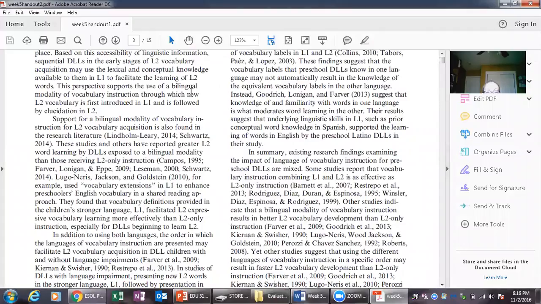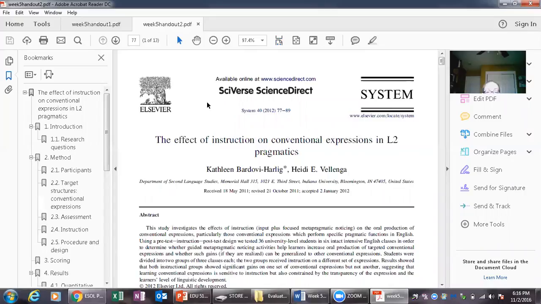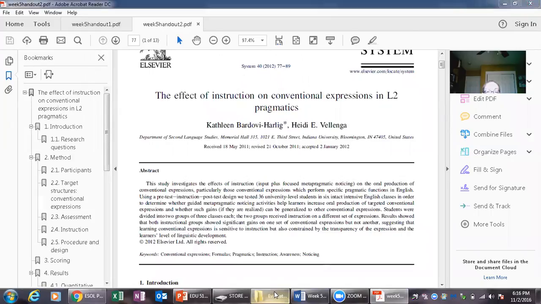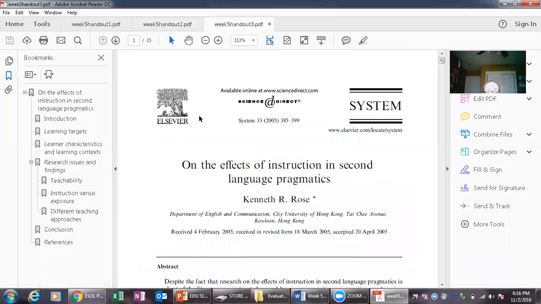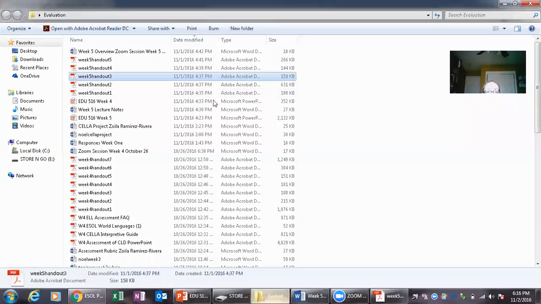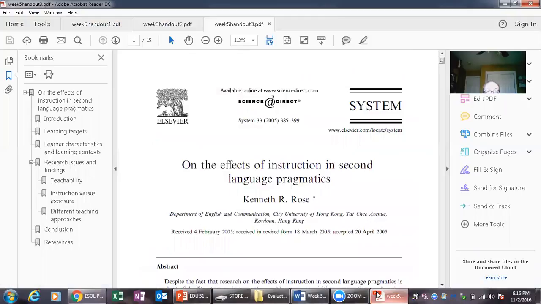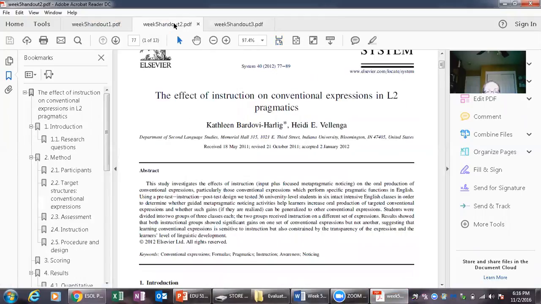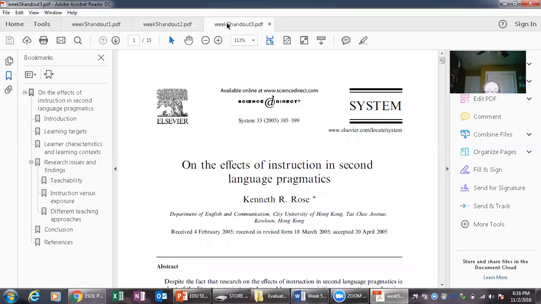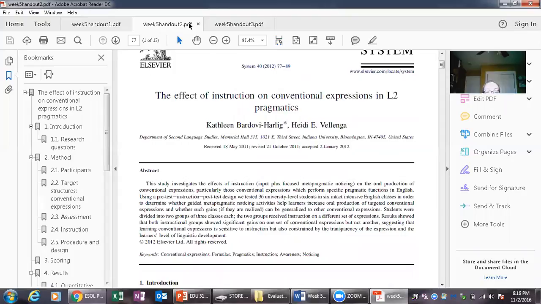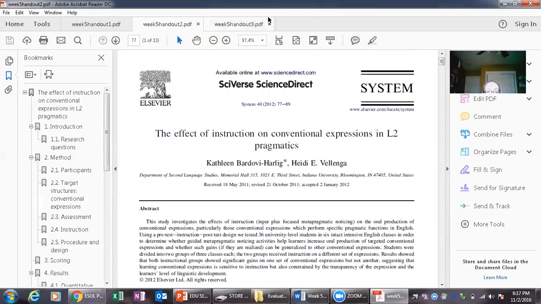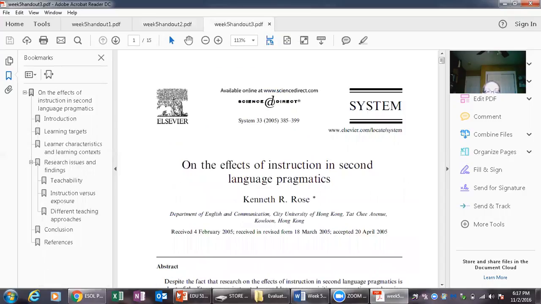Handout number 2 talks about the effect of instruction on conventional expressions in language 2 pragmatics. This is on the effects of instruction in English pragmatics by Rose. This one was from Elsevier, ScienceDirect.